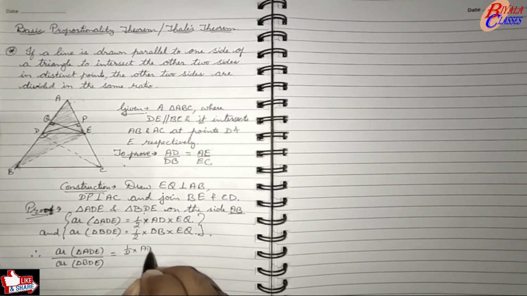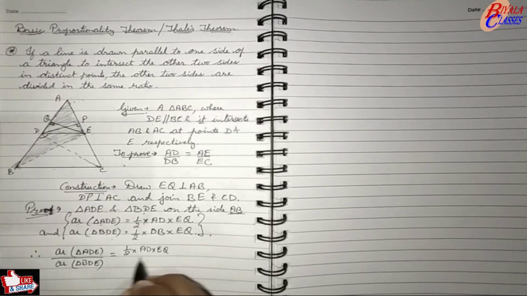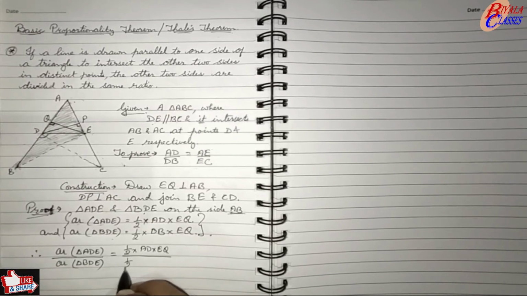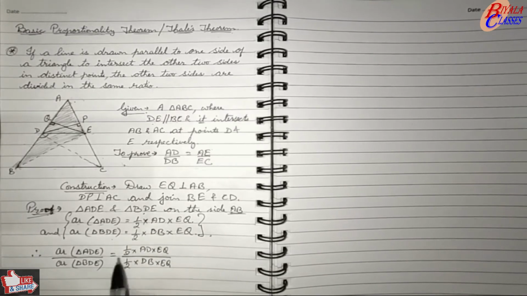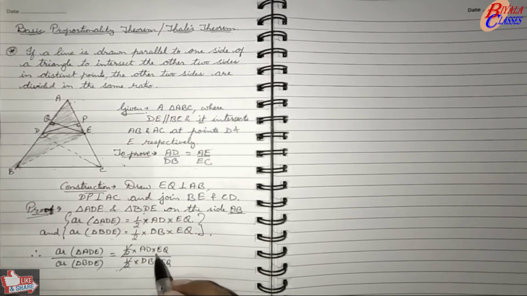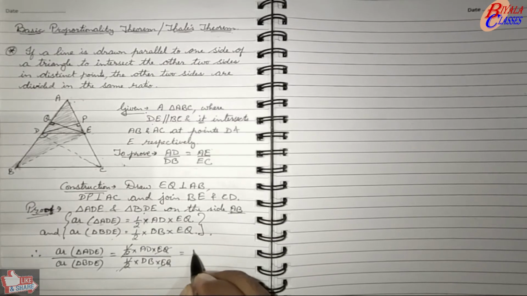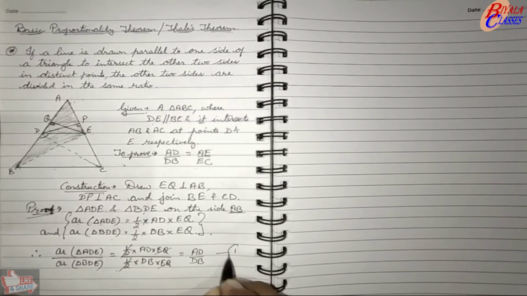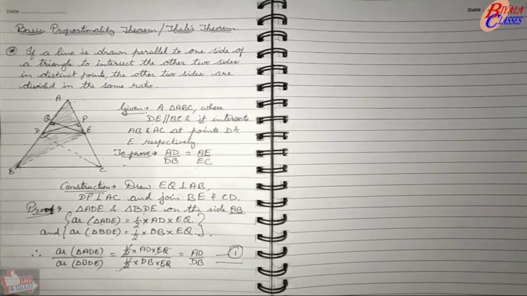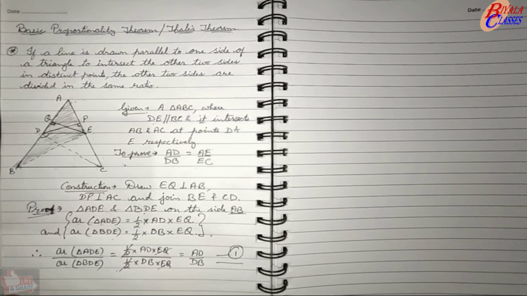It's half AD multiply EQ upon half DB multiply EQ. And you can see here that half and half cancel out because it is the same value there. Similarly, EQ will be eliminated. So you are left with AD upon DB. Let's consider this as equation 1.